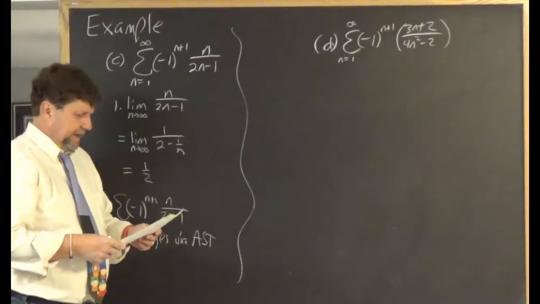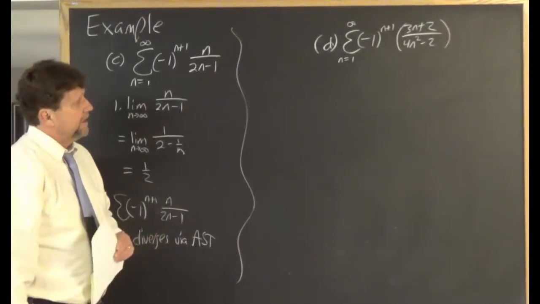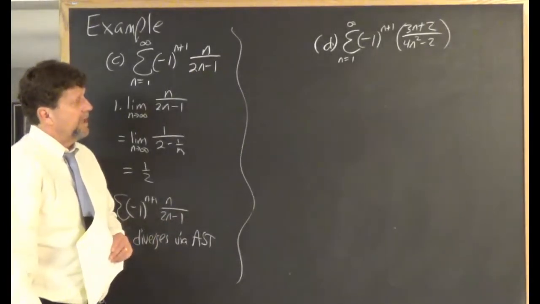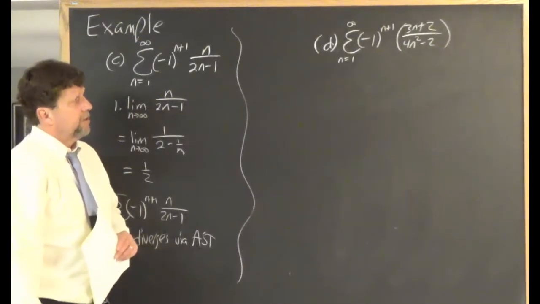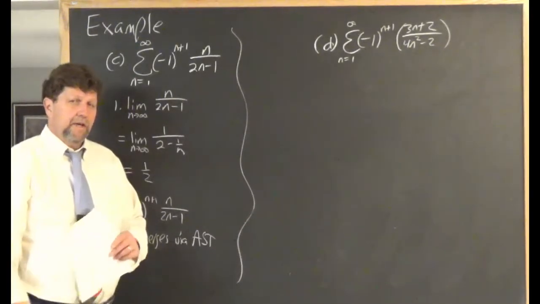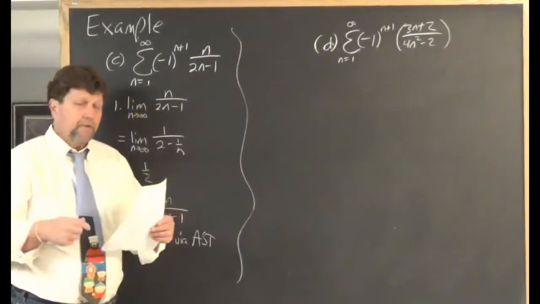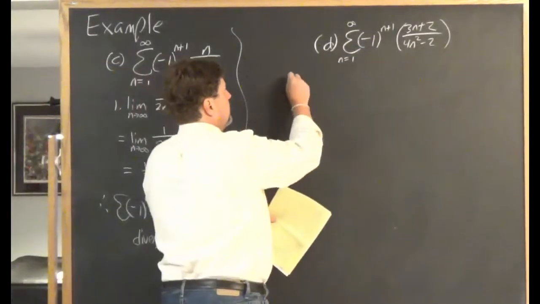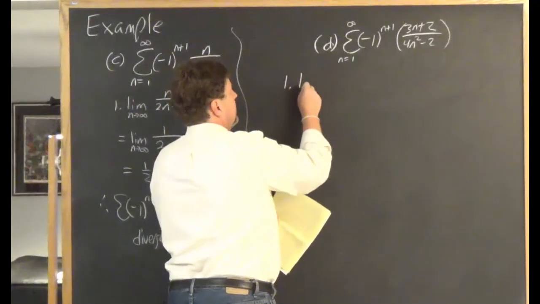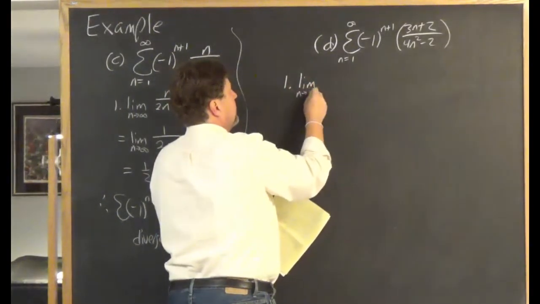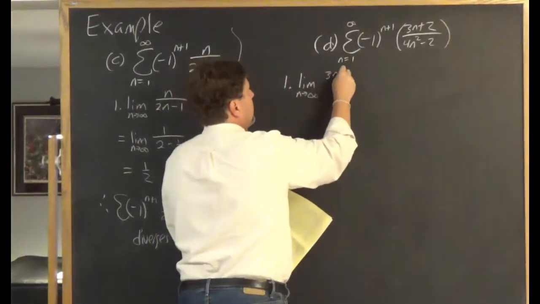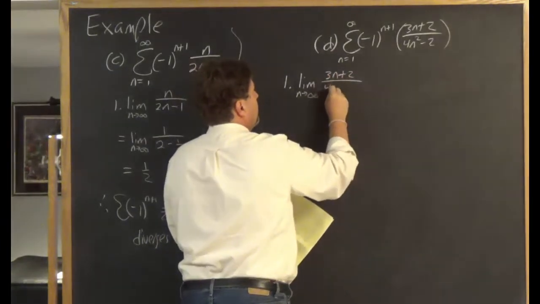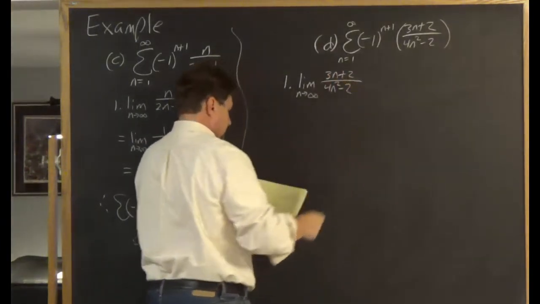All right, D. Oh boy, look at this. Negative 1 to the n plus 1 times 3n plus 2 over 4n squared minus 1. It's an alternating series. So we start off cranking it through the alternating series test. The first thing, the limit as n goes to infinity, 3n plus 2 over 4n squared minus 2.